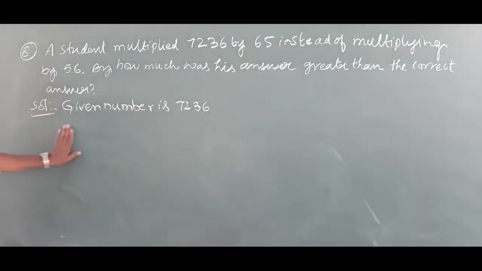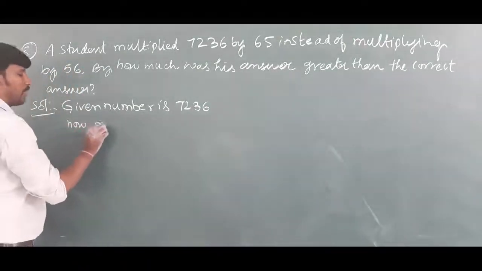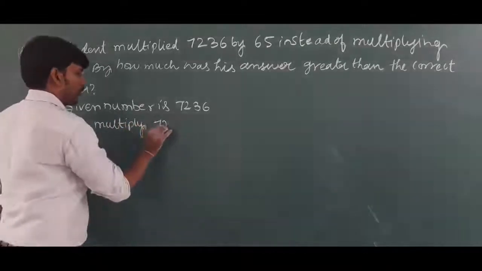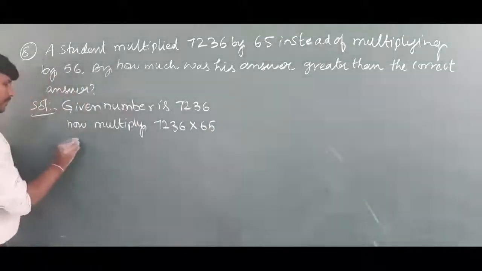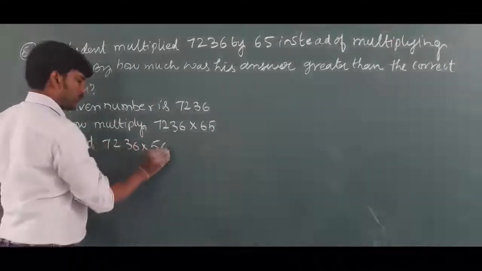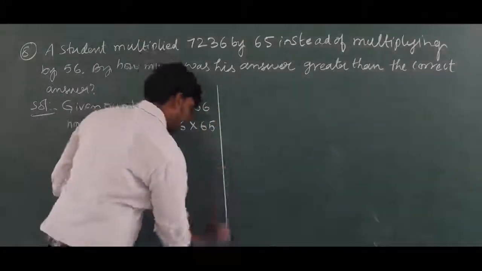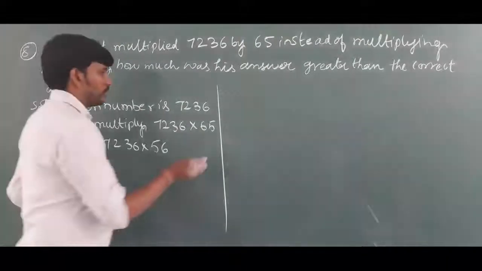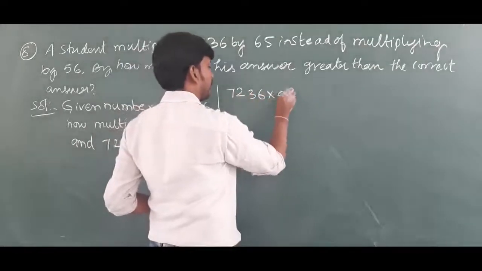Now we need to multiply 7236 into 65 and 7236 into 56. Both you can multiply. Now children, see this here. I am going to multiply 7236 into 65 as well as 7236 into 56.